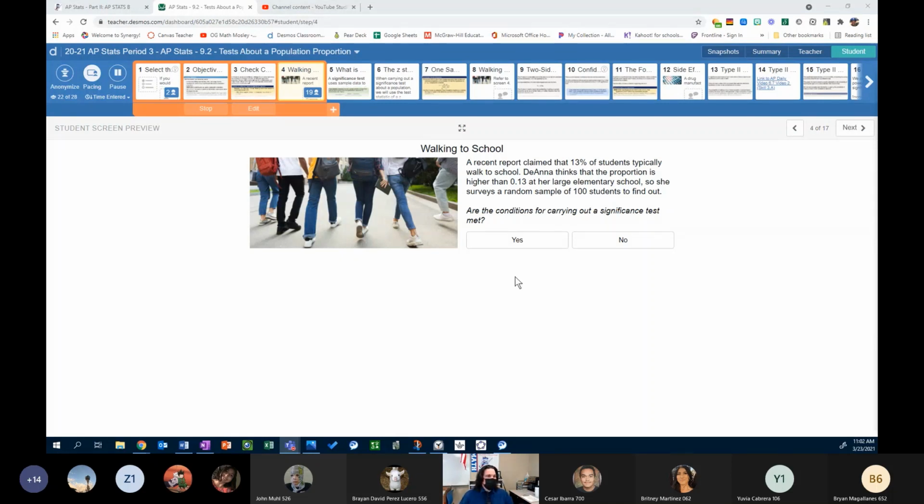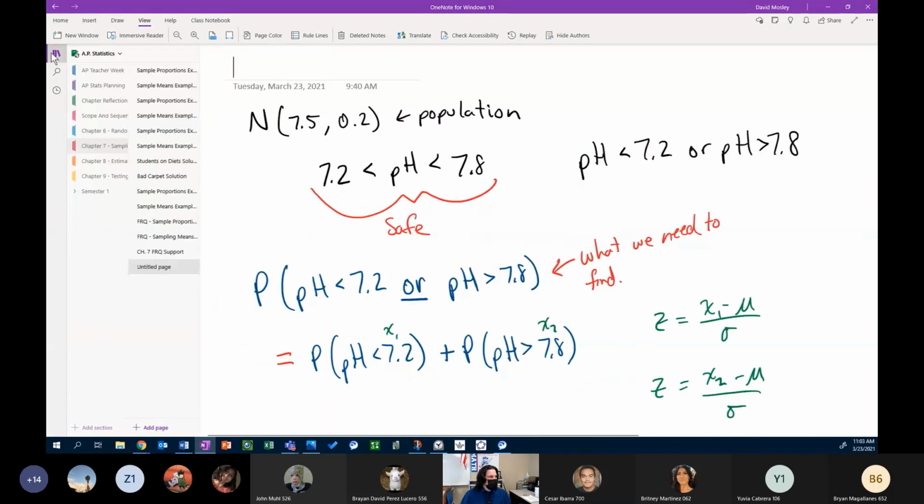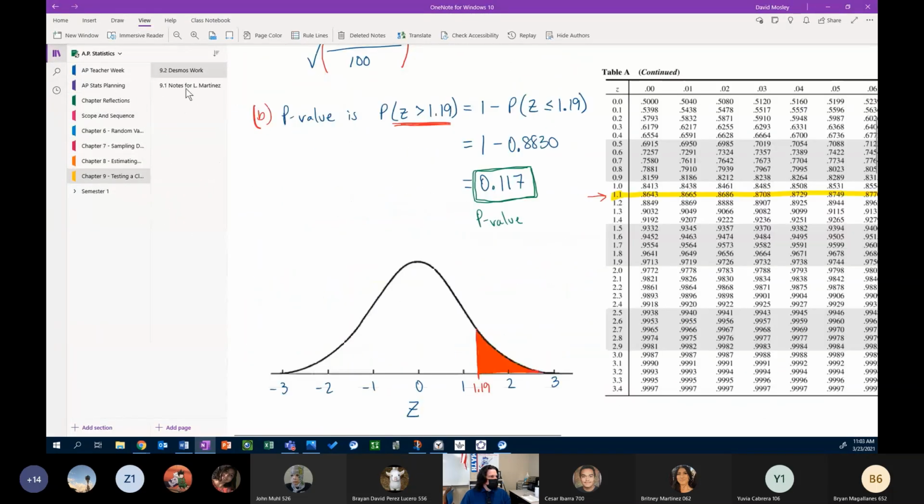So just based on checking conditions, do we have enough? Are the conditions met? Yes, they are. And let's look at why.